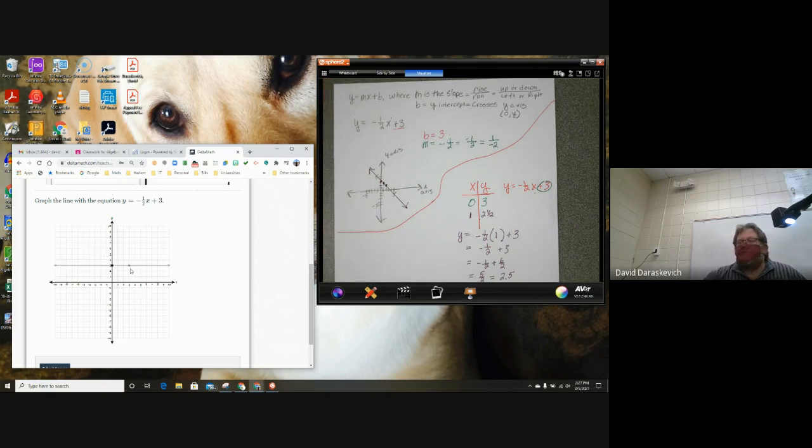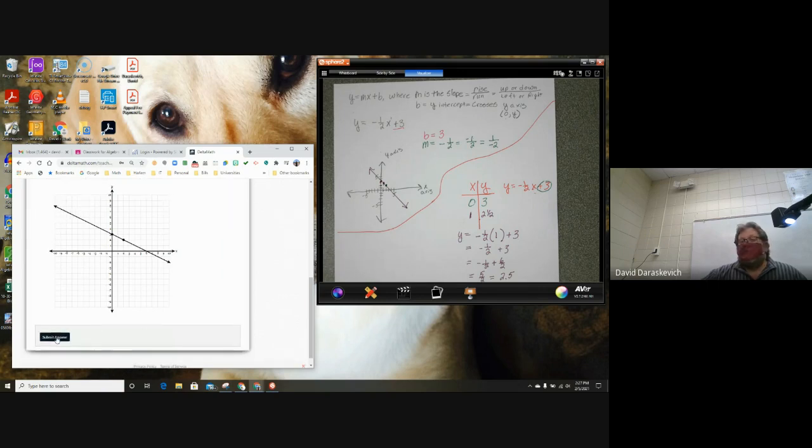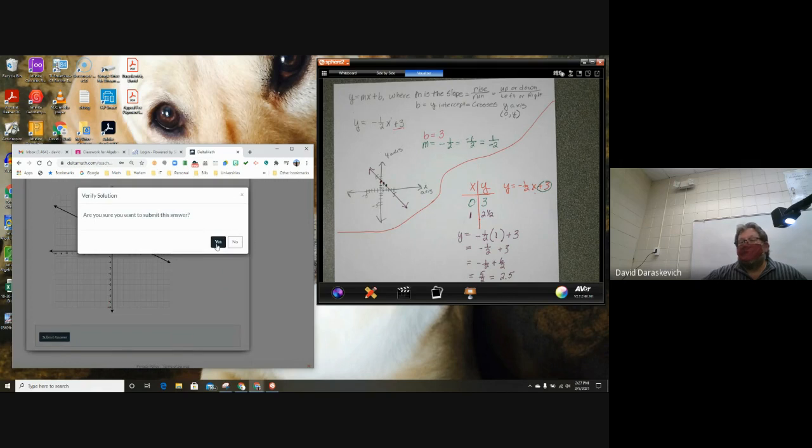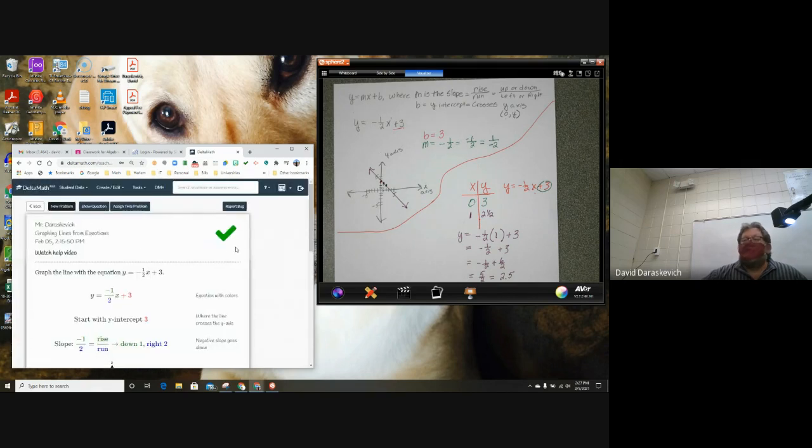So there's my first point. And then I use the slope -1/2. So I'm going to go down 1 over 2, put my point there, and there's my line. Then I'm going to go ahead and submit the answer. Do you want to submit it? Yes, I do. And that's how you answer those questions.